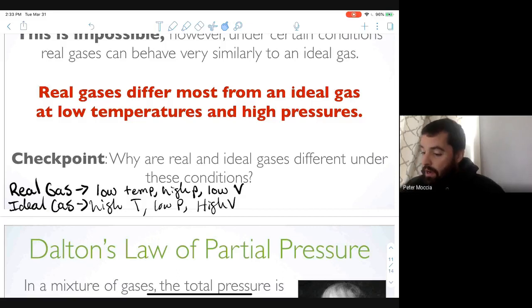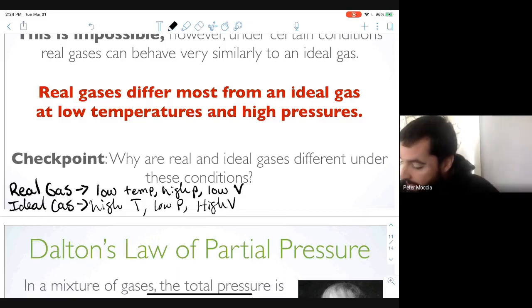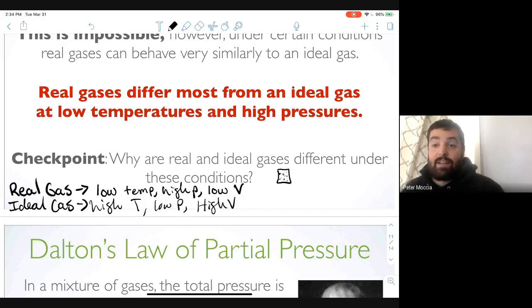So if you want to picture it like this, if I have a really small container and I have tons of gas particles, let's say 10, this is a low volume. So you can see these dots, there's less space here.